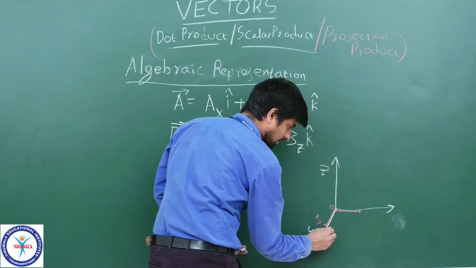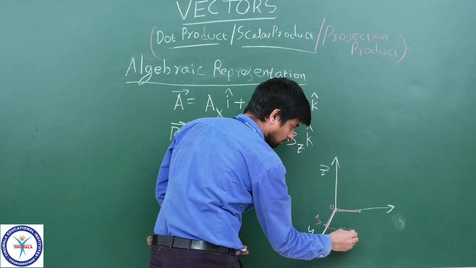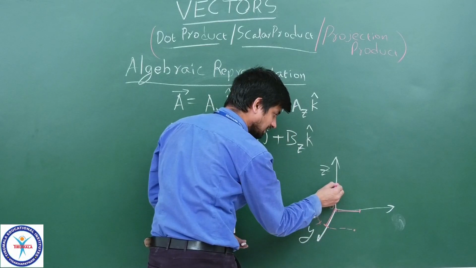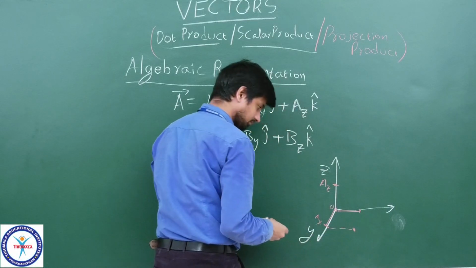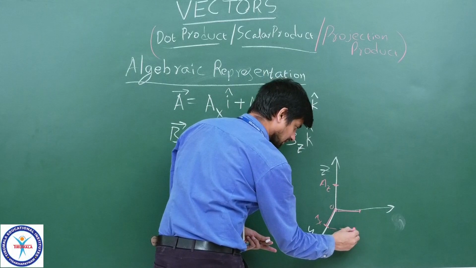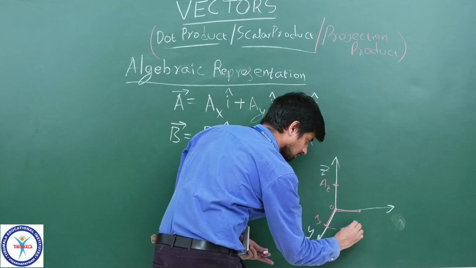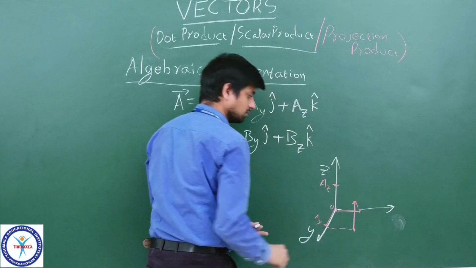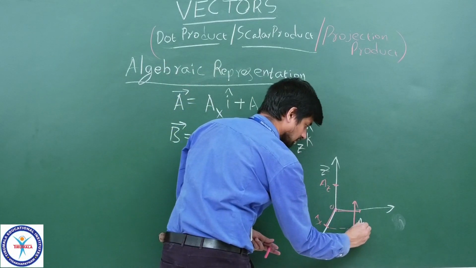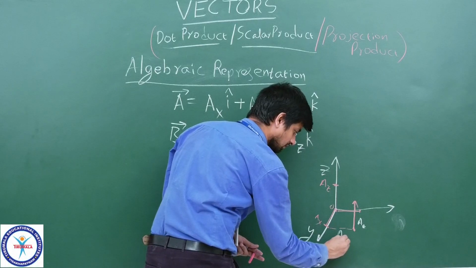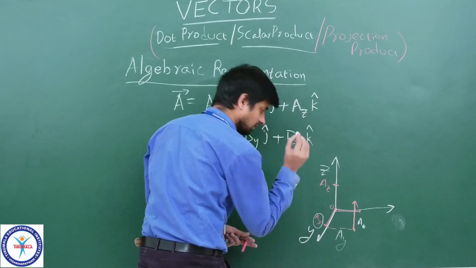So if you draw parallel to this one, here, and this is az. So from here this will be raised. This is az, this is ay, this is Ax.